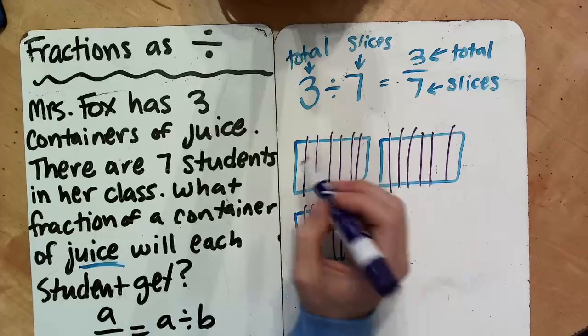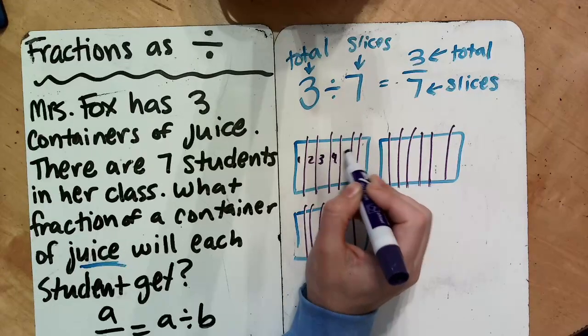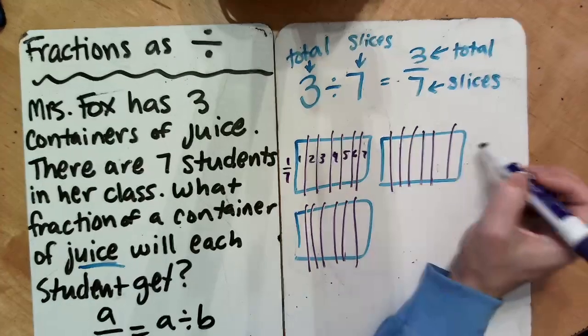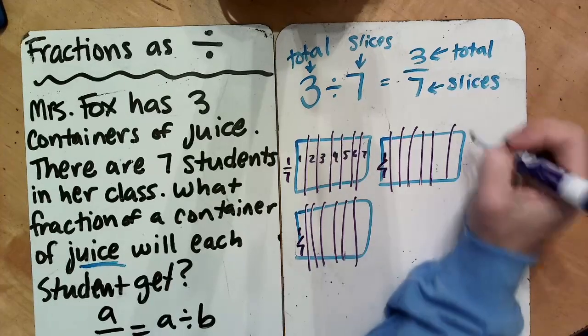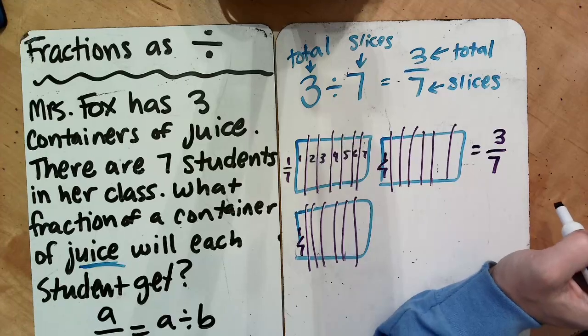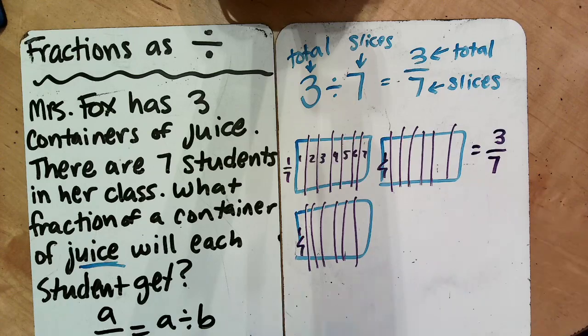So in this container of juice, 7 students each got their own. So each kid got 1 piece of 7, 1 piece of 7, 1 piece of 7. So in reality, the student got 3 pieces of 7. So 3/7 of a container of juice. That is all we need students to do when we're solving these problems.